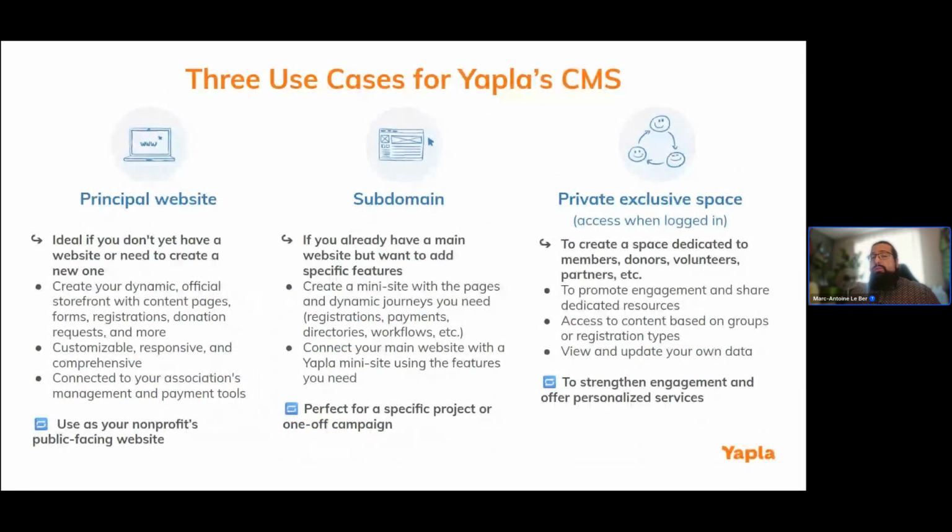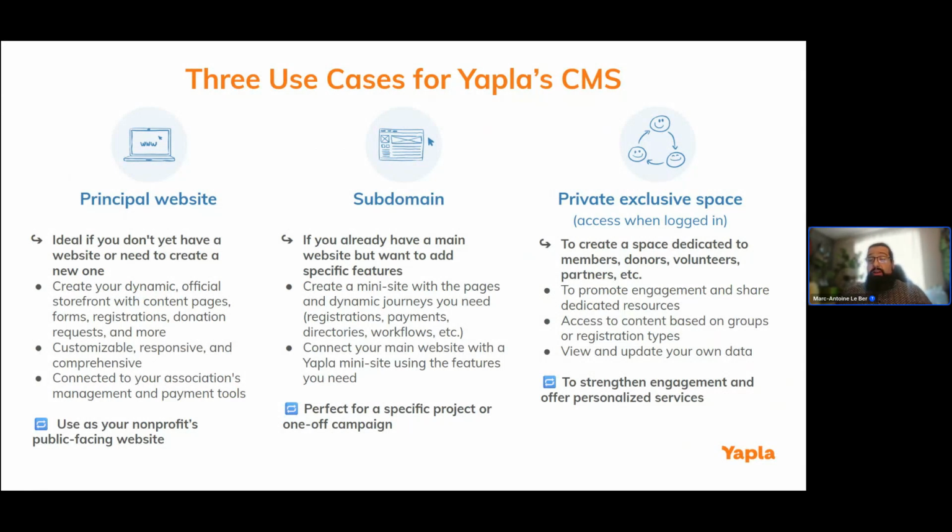So we've started to look at the various ways you can work with the website, and there are basically two main use cases I mentioned with Yapla thus far, the full website and the subdomain. Now, a lot of people might have a question about what a subdomain is if you never looked at it before.